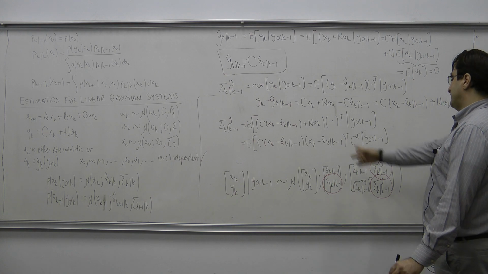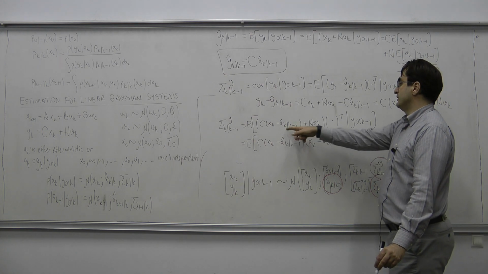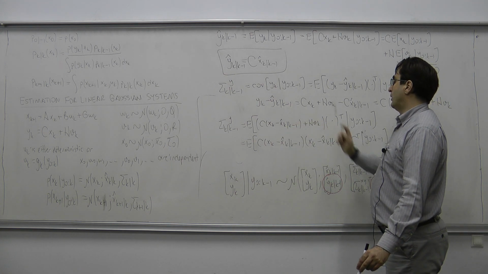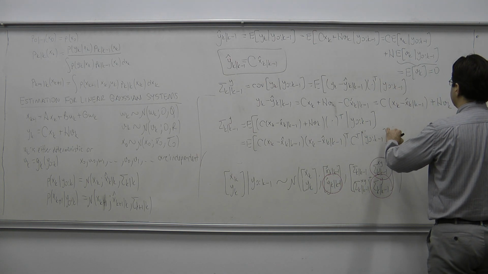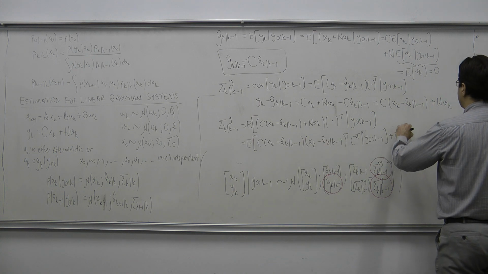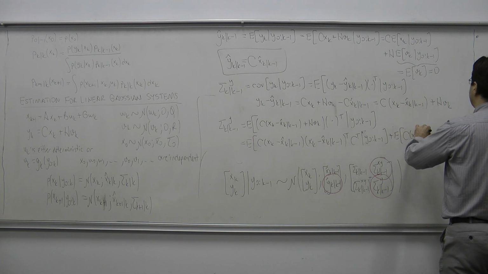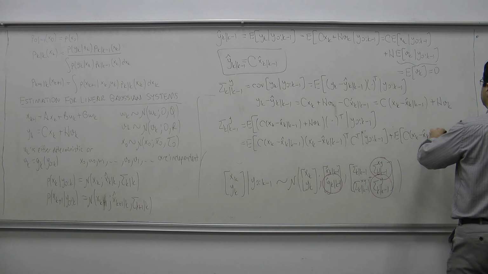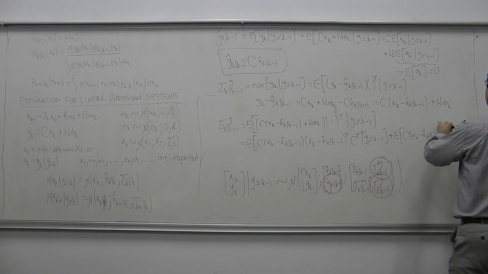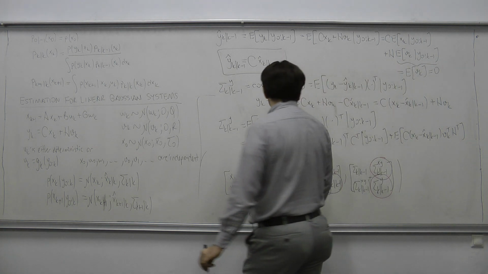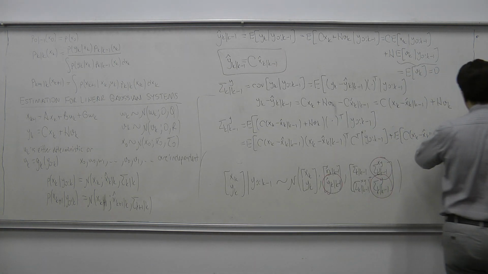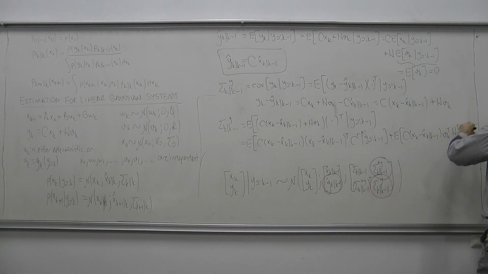This is the first term in the expansion of this outer product. And then I have the expected value of C(x_k − x̂_{k|k-1}) v_k^T H^T, and of course I have the given condition y_0^{k-1}.